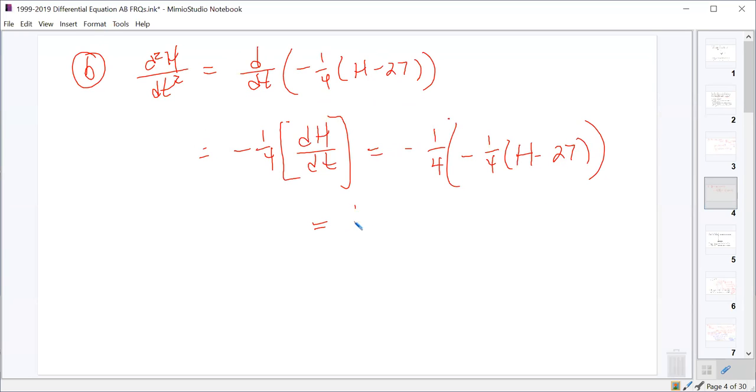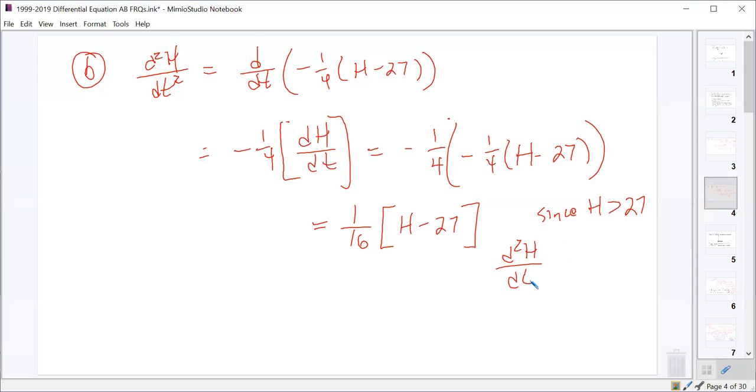So our second derivative should be 1/16 of h minus 27. And so what does that tell us? It tells us that since, according to the original problem, h is always greater than 27, what can you tell us about the second derivative?